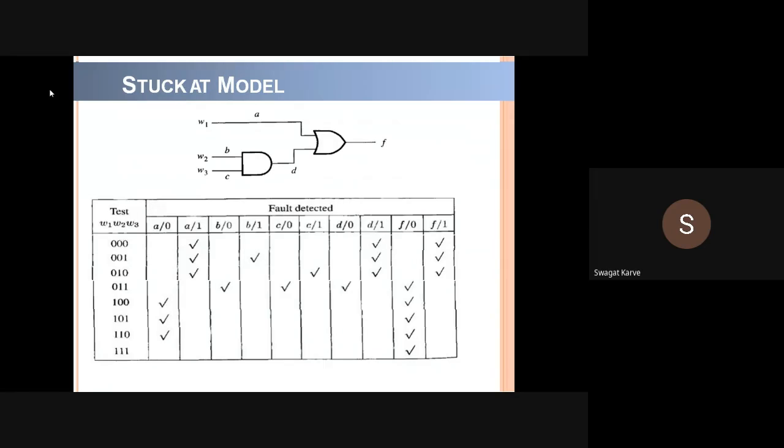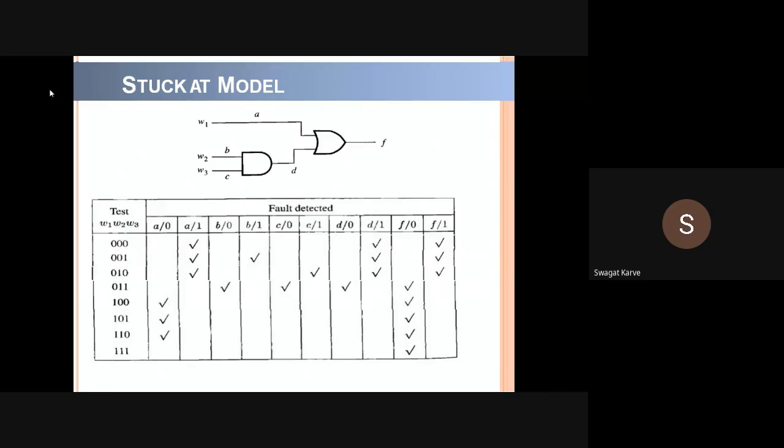Similarly, the C wire, you have to connect permanently to logic 0 for the testing purpose, then connect it to logic 1. Then apply the test sets and check the output. Now again, you have to do the same with the D port or D wire.